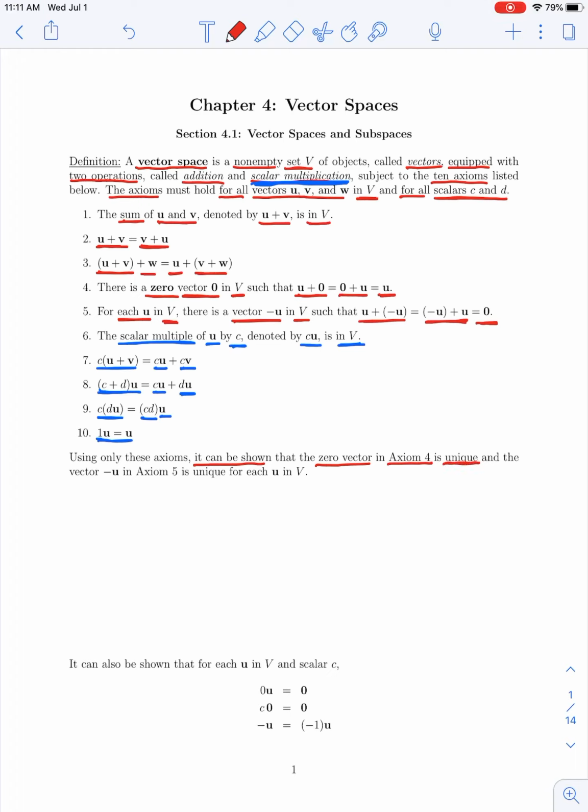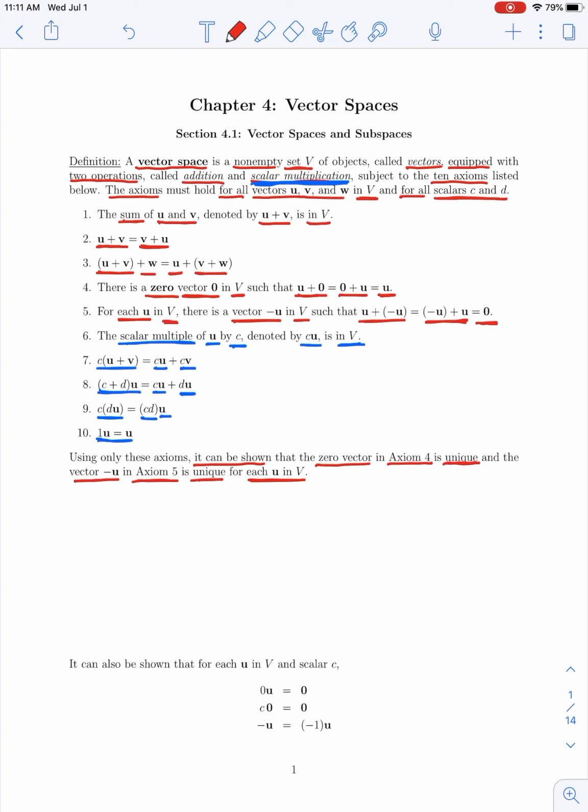That is, for any vector space, there is only one zero vector. And the vector negative u in axiom 5 is unique to any vector u in our space. That is, each vector u within our vector space has a unique negative, an additive inverse.